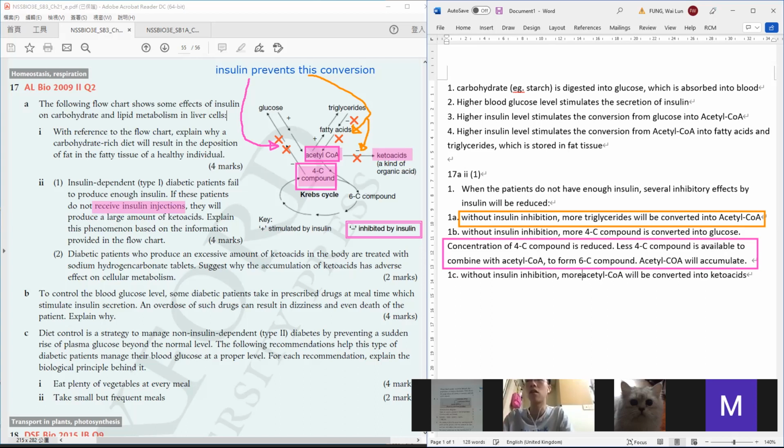More of them will be converted into keto acid. So we play around with this chart and you understand why we have a large amount of keto acid at the last point.